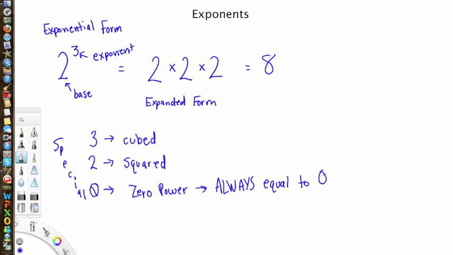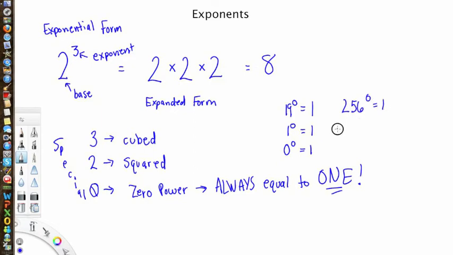Equal to 1. It's always equal to 1, no matter what. We could have 19 to the 0 power. Guess what? That's 1. We could have 1 to the 0 power. That's going to be 1. We could even have 0 to the 0 power. That would be equal to 1. We could have 256 to the 0 power. It's going to be equal to 1.